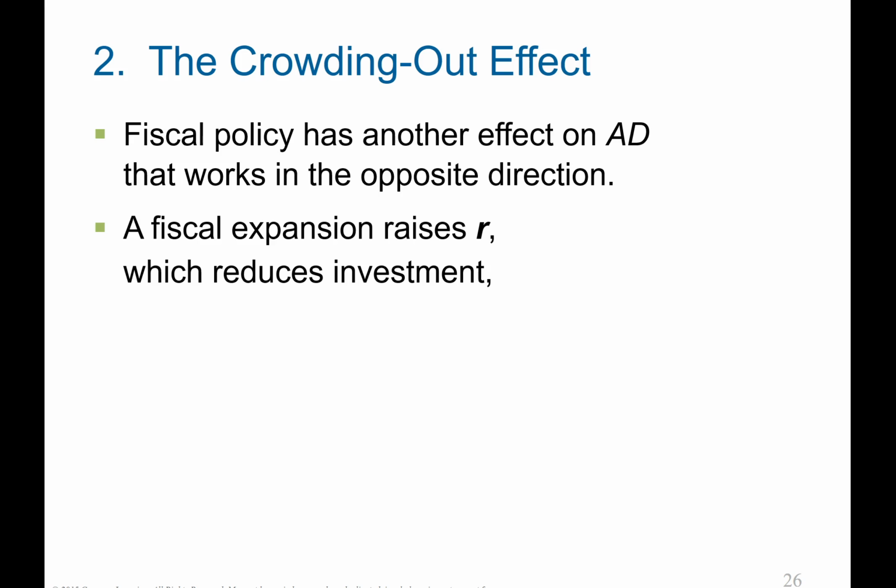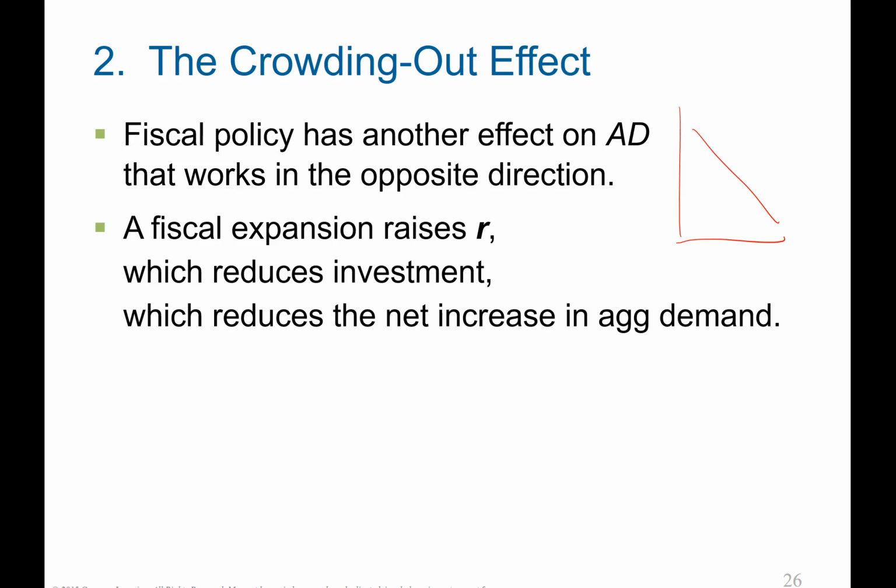So let's look at this. If we have fiscal expansion, right, and there's expansionary policy, either an increase in spending or a decrease in taxation, and this raises the interest rate because the goal of expansionary policy is to increase aggregate demand, right? So the interest rate rises, this reduces investment, and it reduces the net increase in aggregate demand.